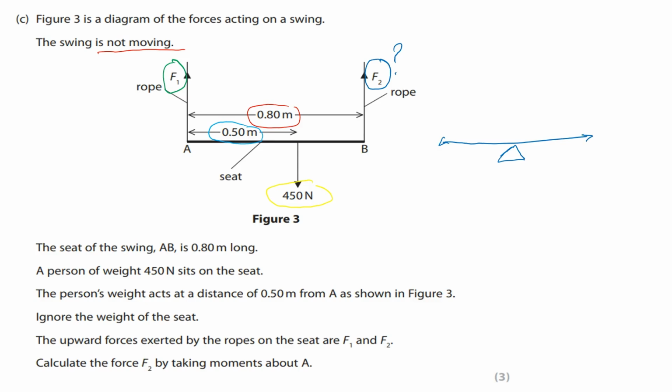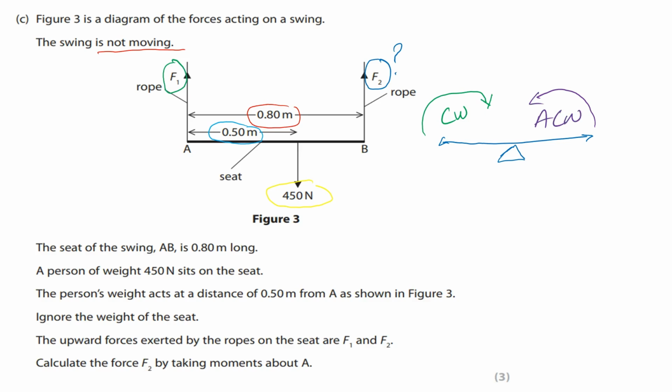So let's say we have this metal rule that is balanced on a knife edge. For this to be balanced, there are two moments acting on this system. We have the clockwise moment from this side, and we have the anti-clockwise moment on this side.